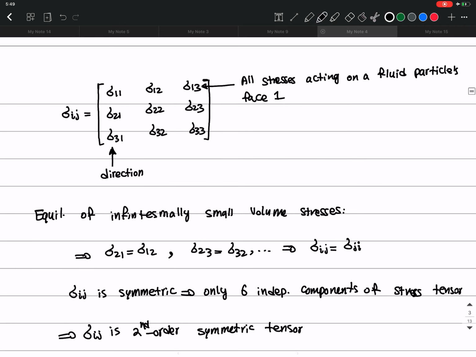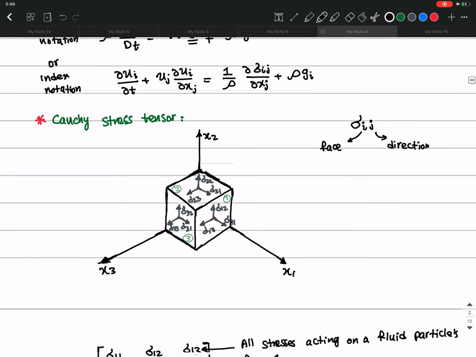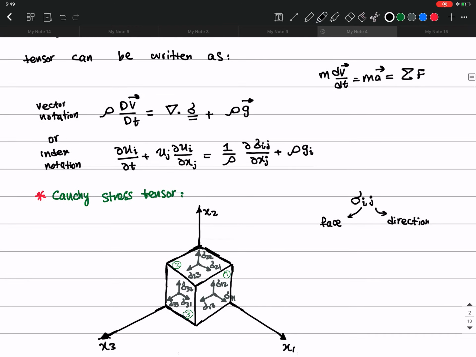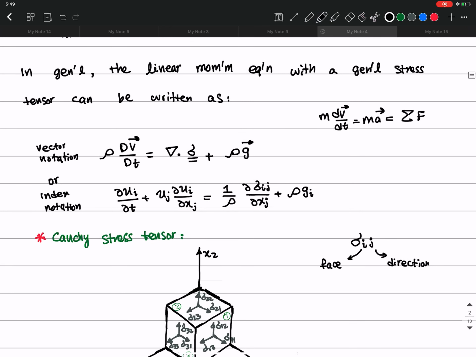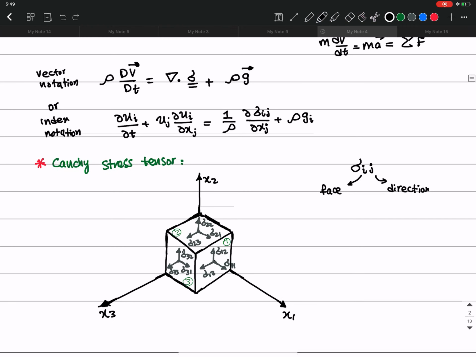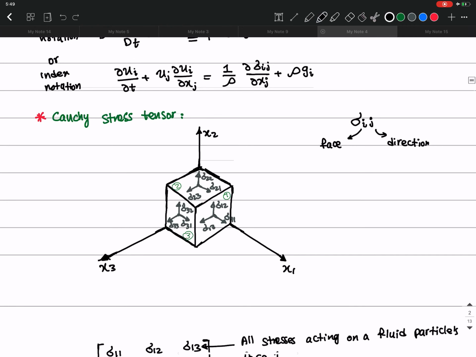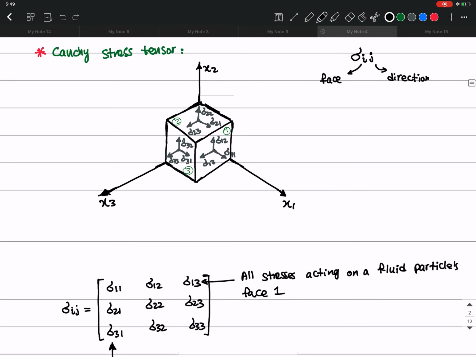So what would these stresses actually mean when we have a fluid at rest that is not moving and also a fluid that is actually moving? So this was a general form of the momentum equation, and this is the stress tensor, how we describe all these surface forces on the fluid particle.